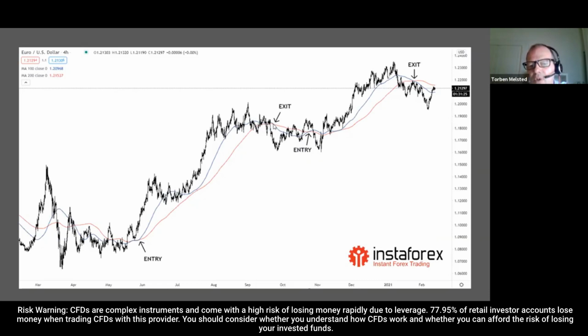If you sold here, you will get into the market near this point. You will get out at this point. So that would be a bad trade. You will lose money on this one because you will get in close to the bottom and get out close to the top here. But then if you take this as a buy again, then you will be out here and everything would be paid for once again.